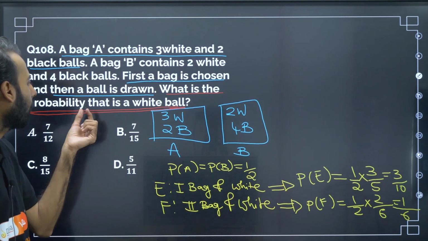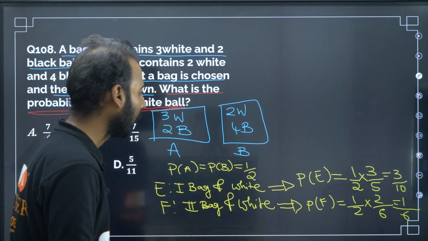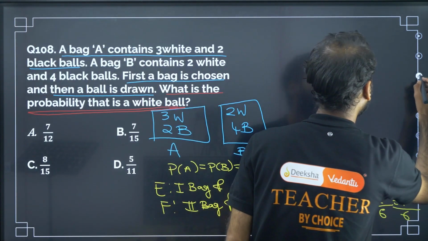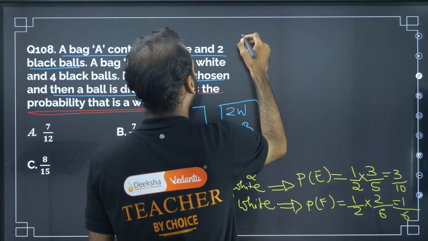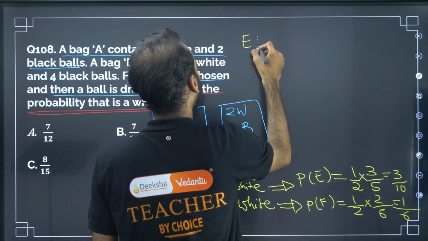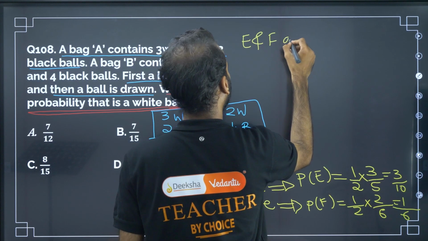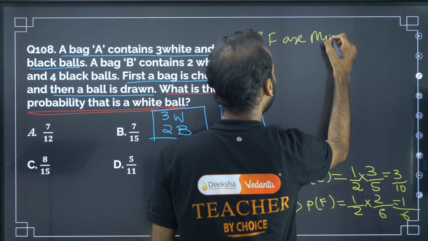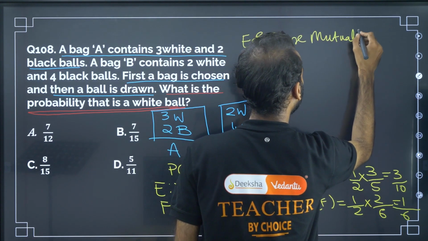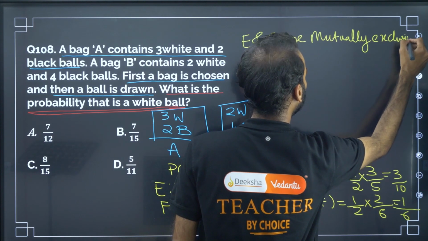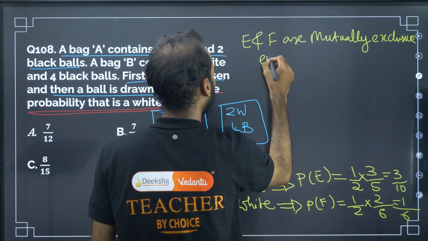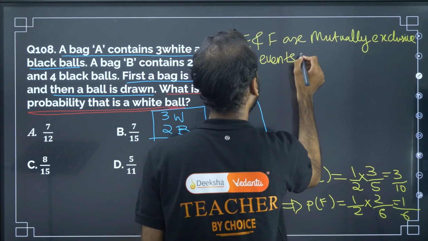Now what is the probability that it is a white ball? One more thing you should notice here: E and F are mutually exclusive events. Now why am I talking about all this?